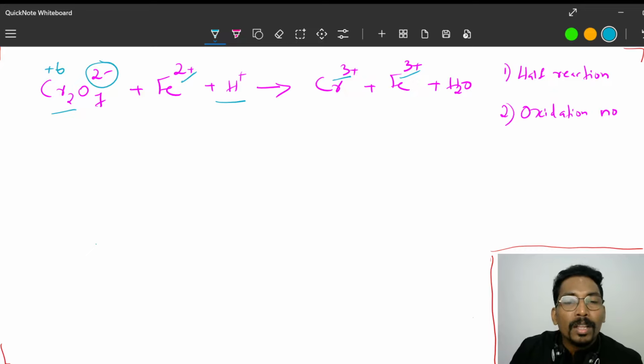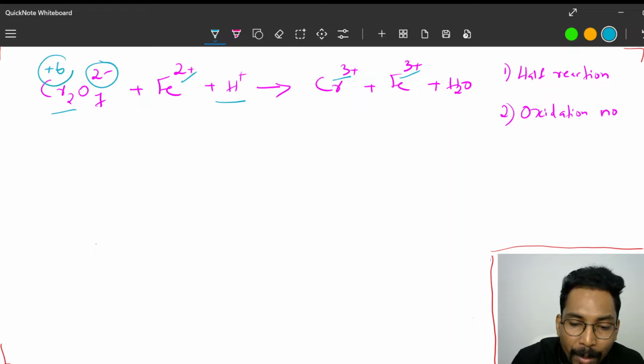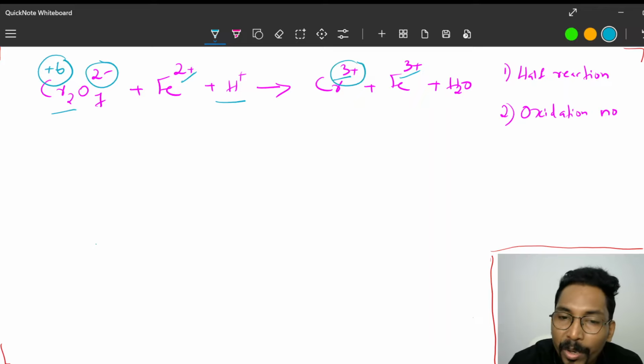You have to identify oxidation and reduction. Which is oxidation and which is reduction? So we can try that. Listen, I have given you the idea: increase in oxidation number is oxidation and decrease in oxidation number is reduction. So you can see the oxidation number of chromium is decreasing from plus 6 to plus 3. Okay, so you can mark that like this.